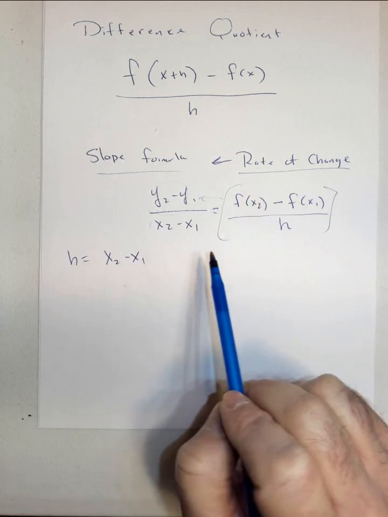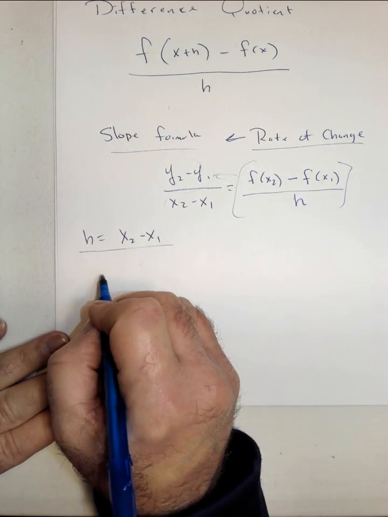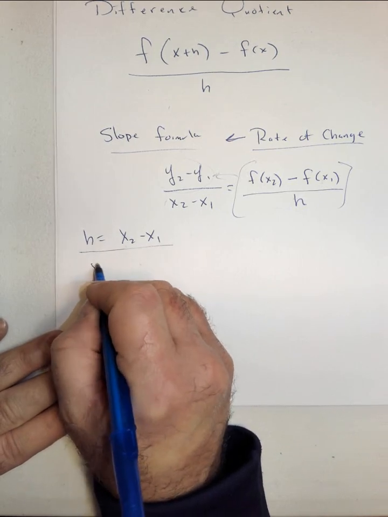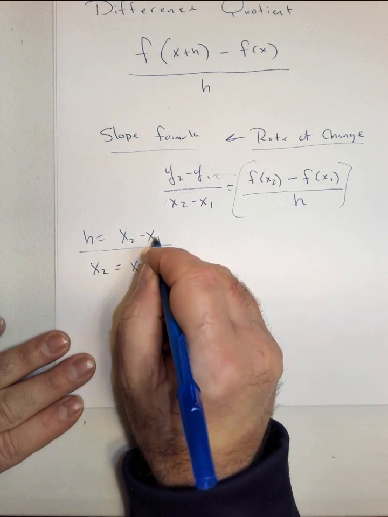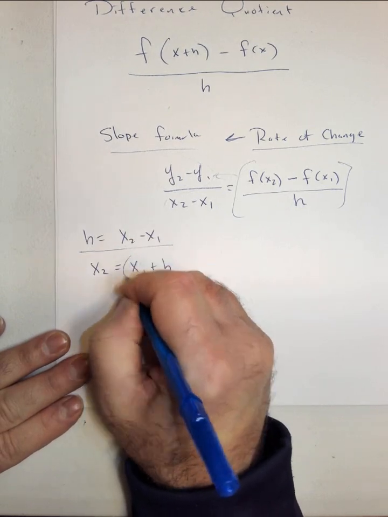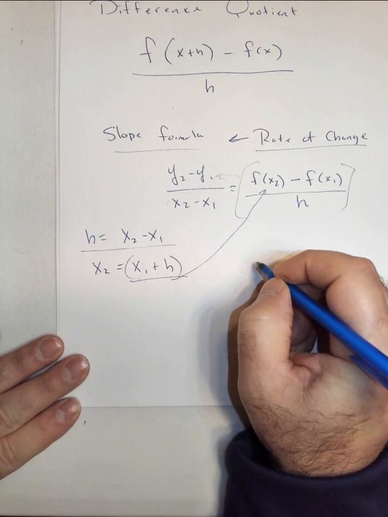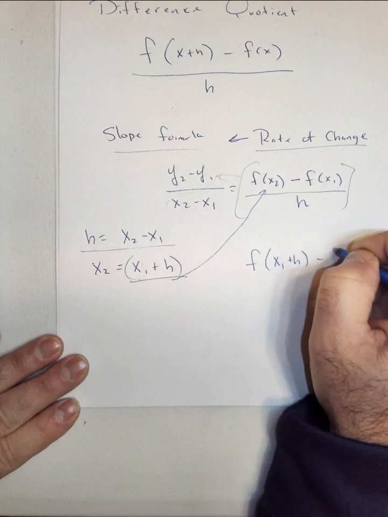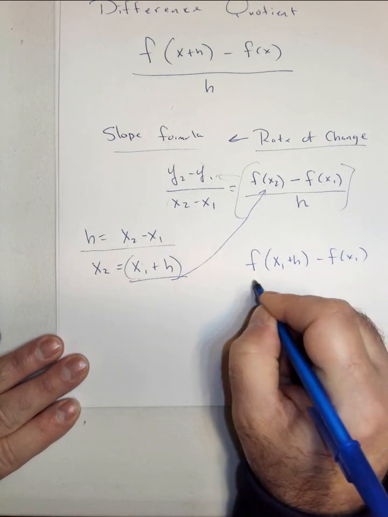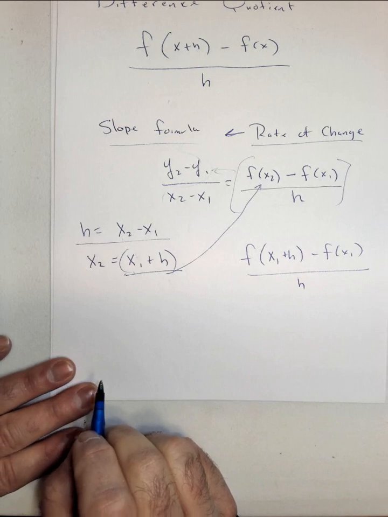To get rid of x sub 2, we go back to this equation right here, and we solve for x sub 2 in terms of x sub 1 and h. So taking that to the other side gets me this. Then all I'm going to do is replace that with what it's equal to. So that is where the difference quotient comes from.